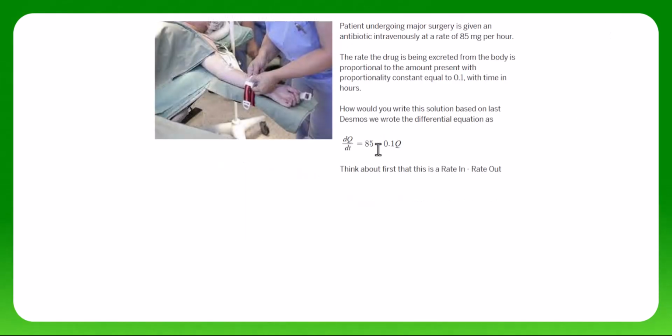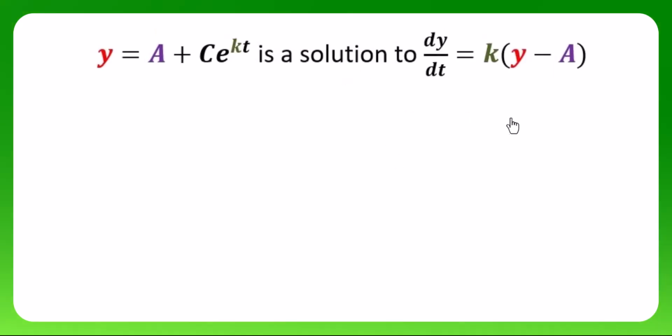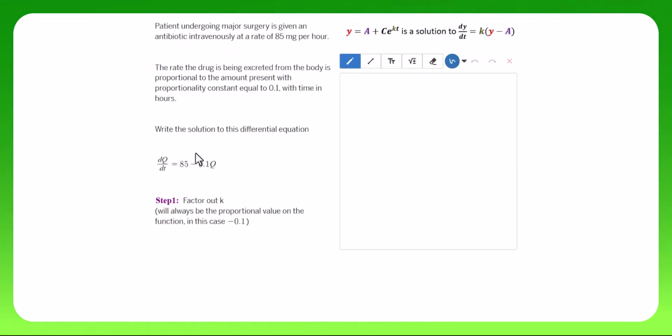What if we have both a rate in and a rate out, which this should look familiar, then this is the solution. And now what you're going to see is when your first step when you have something like this, you factor out the K. The K, the constant of proportionality, a proportion is a decimal, so I know that this is going to be brought out front.